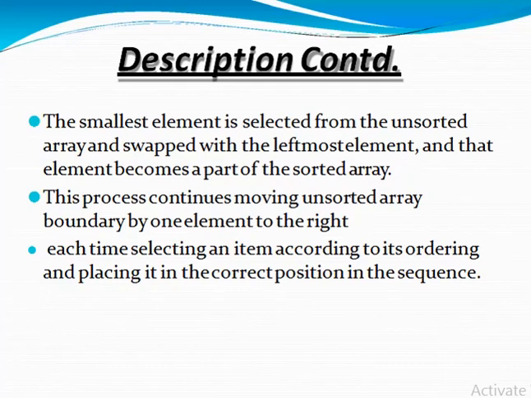This process continues moving the unsorted boundary by one element to the right, each time selecting an element according to its ordering and placing it in the correct position in the sequence. With the next example, you will be able to see how the sorting works.